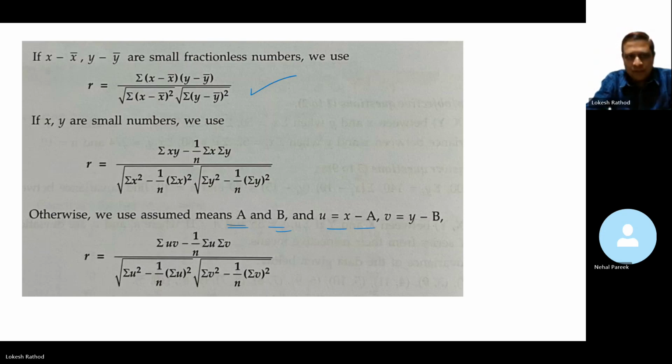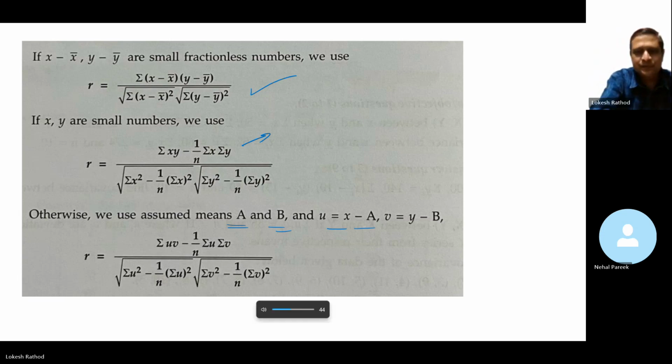Here, for the covariance of xy, the second formula is used. Sigma xy by n minus sigma x by n, sigma y by n, and 1 by n was taken common, and this n is cancelled with the denominator. So that's how you are getting this formula. It is up to you whether you want to remember this formula or that formula. You will get the answer from both. You getting?